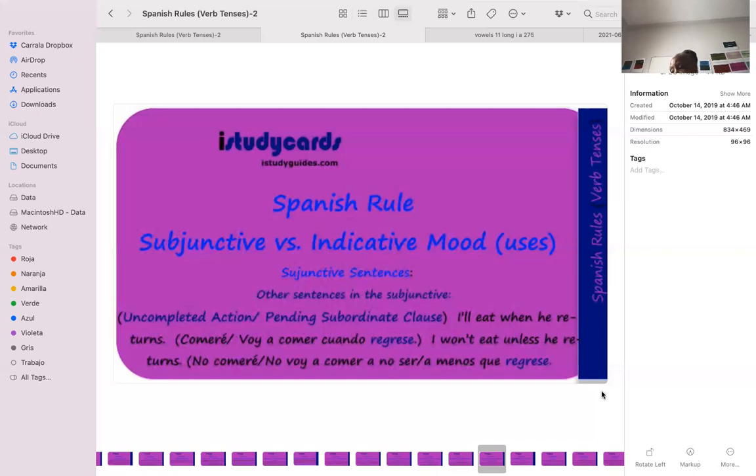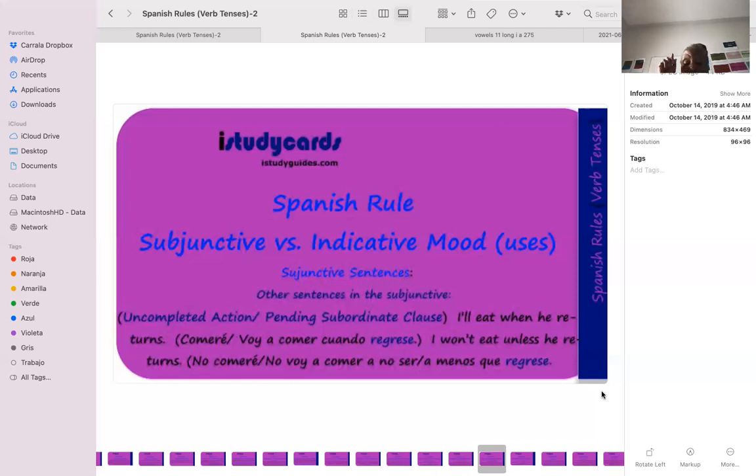I just put the S there, and it looks like the indicative. Comeré, that's I will eat, comeré, or voy a comer, I'm going to eat. Normally you use the will though, this one. Comeré or voy a comer cuando regrese, not regresa, regrese. That's called the potential future.